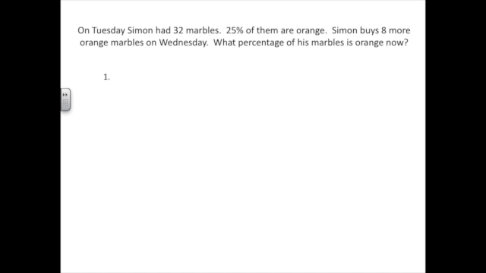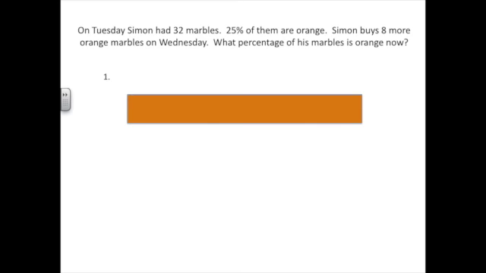So I'm going to have 2 bar models here. First I'm going to draw my whole bar and label it 32 because on Tuesday Simon has 32 marbles. I know that 25% of them are orange, but I don't know the quantity yet. I know that that's 25%, so I'm first going to need to find 25% of 32.